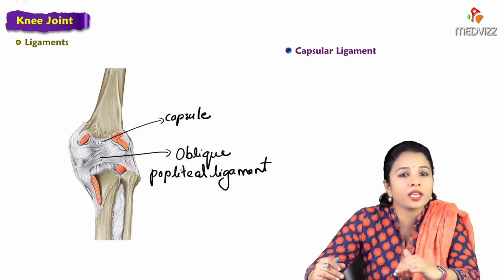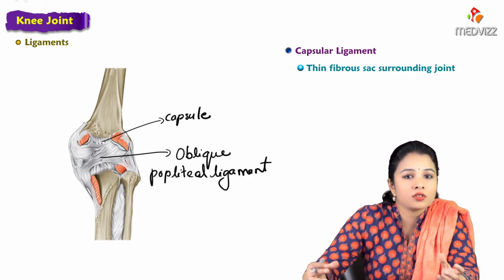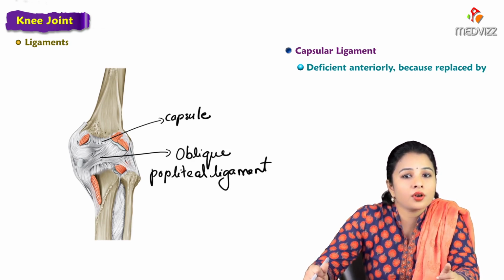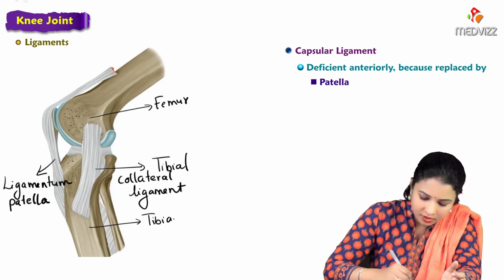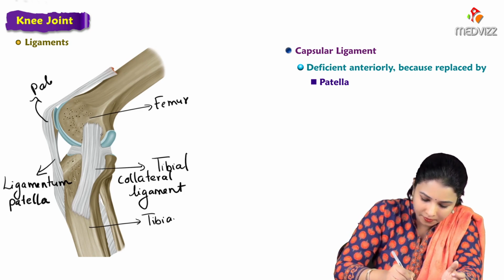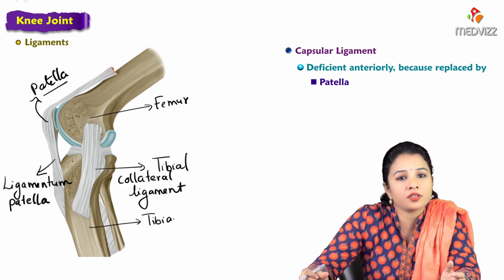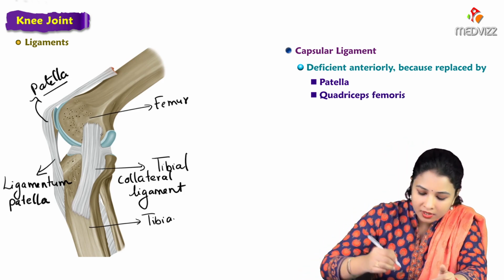So starting with the capsule. Capsule is a thin fibrous sac which surrounds the joint, and it is deficient anteriorly because anteriorly it is replaced by the patella. So we can see, anteriorly it is deficient because it is replaced by the patella and quadriceps femoris muscle.